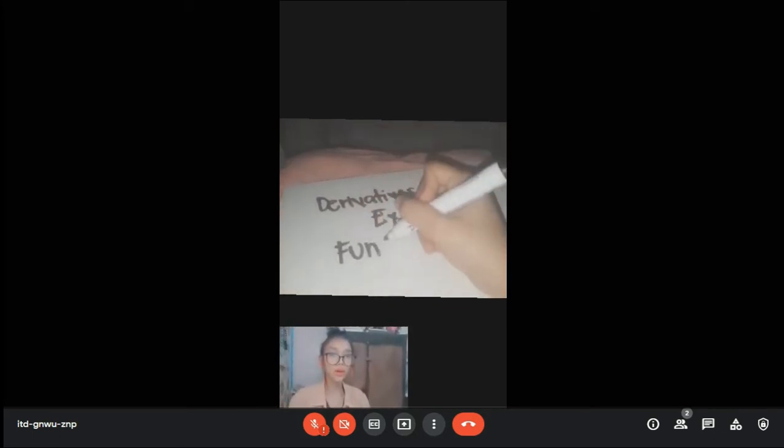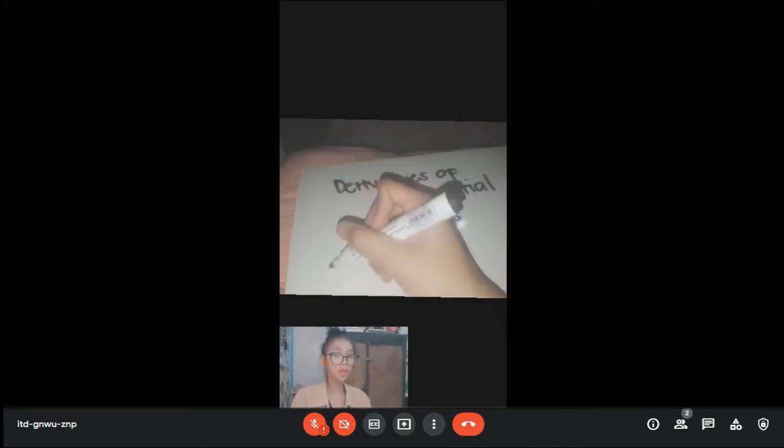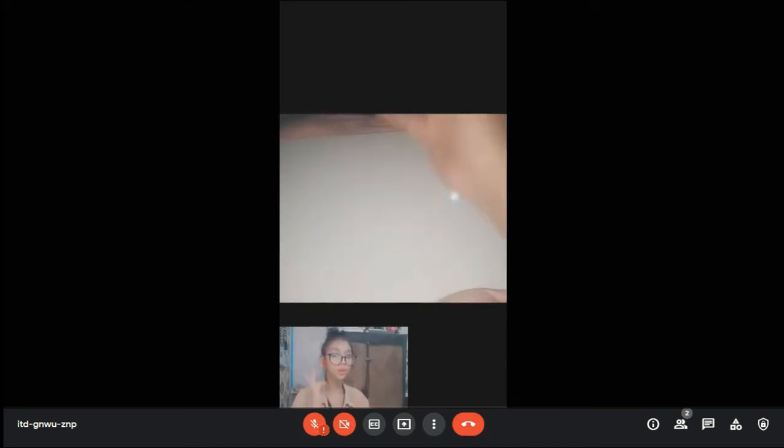So, exponential function is a function kung saan yung exponent natin is may variable. So, basically, we have two rules in differentiating exponential function.